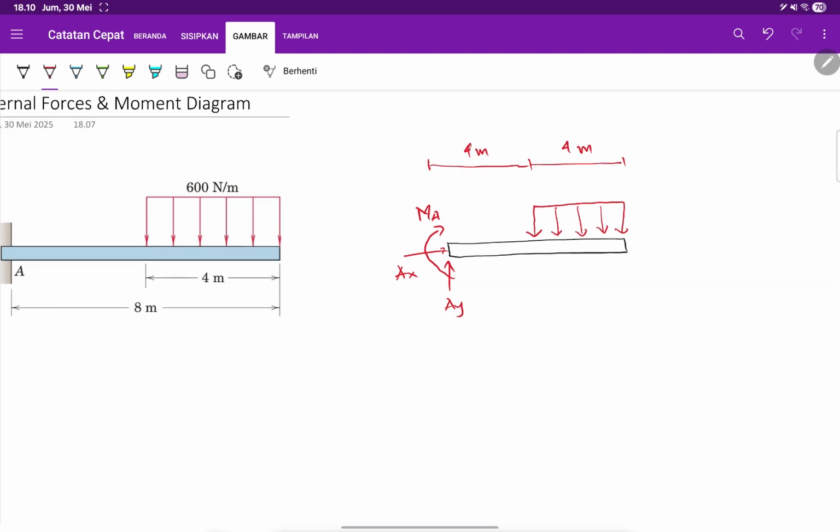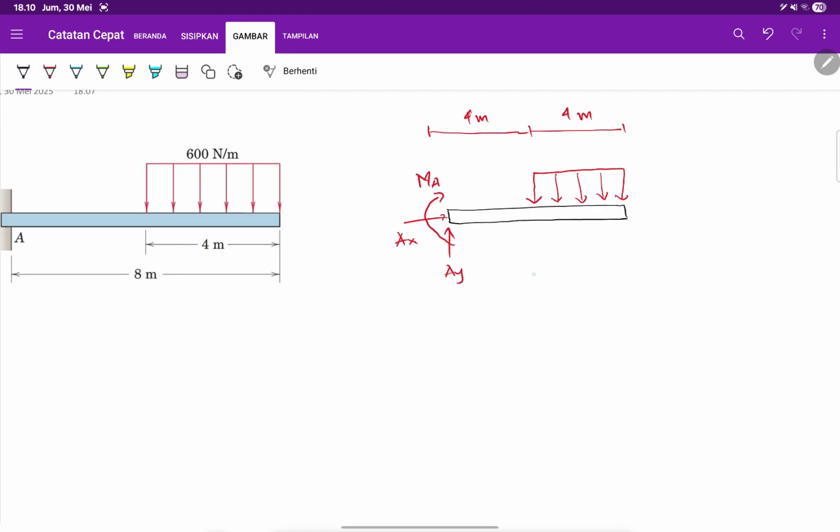Okay, and now what you need to do is make sectioning to find the reaction forces. How to get that is basically by sigma Fx equals 0. It means that AX equals 0, because AX is the only force that works in the x direction. This is x, this is y.